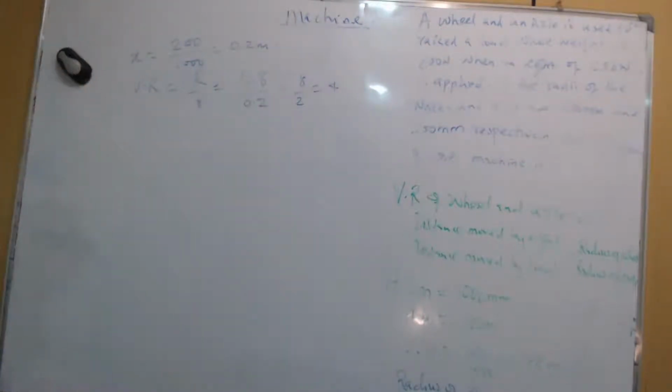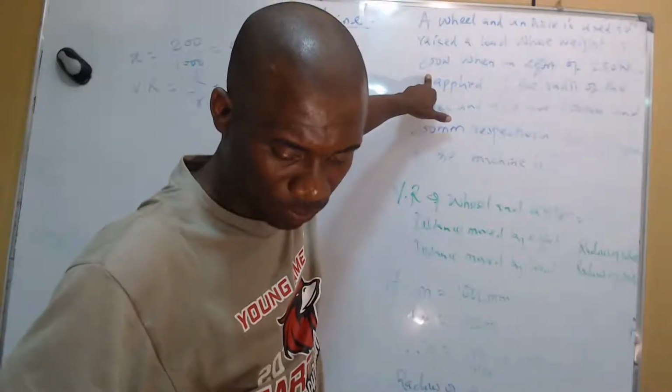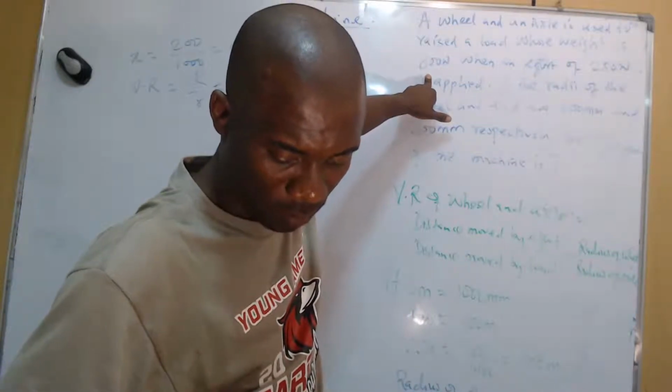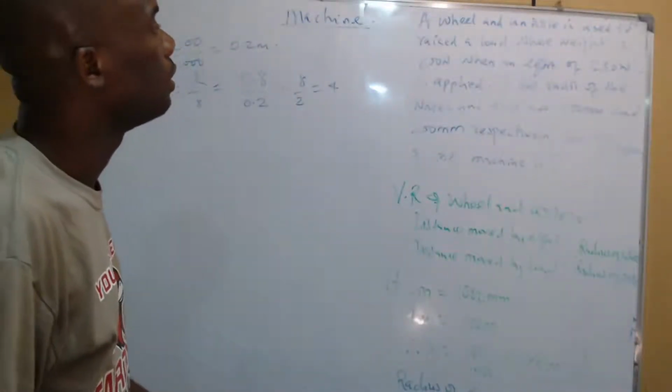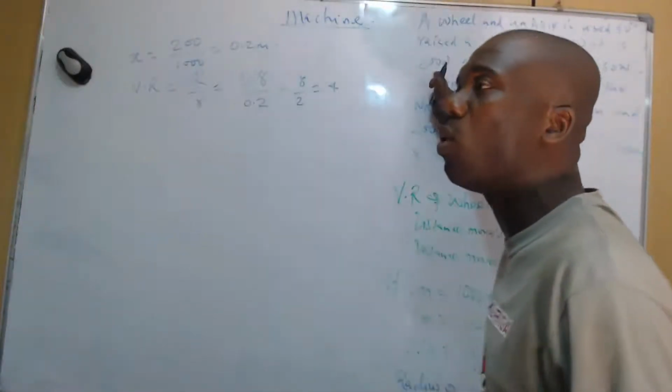So now we can start doing our formula. Now it says a wheel and axle is used to raise a load, and we need to calculate the efficiency of the system. Whose weight is this? This is the load.